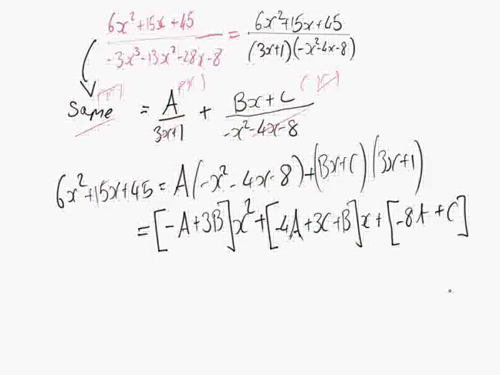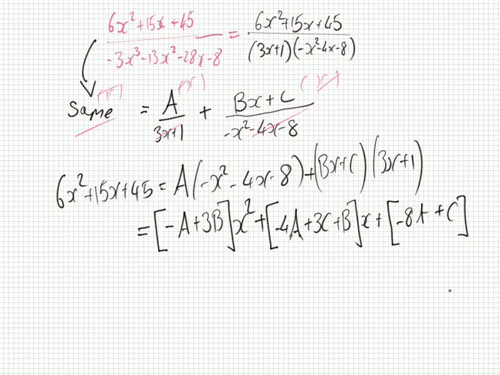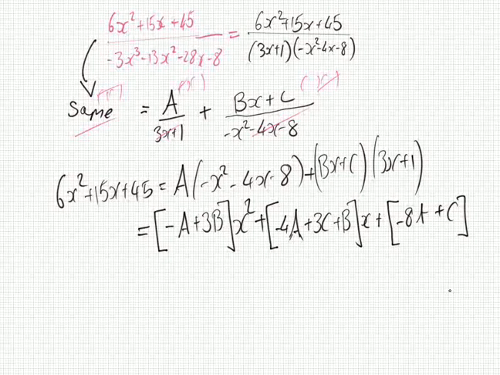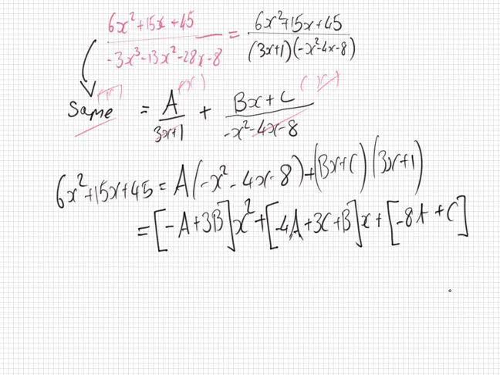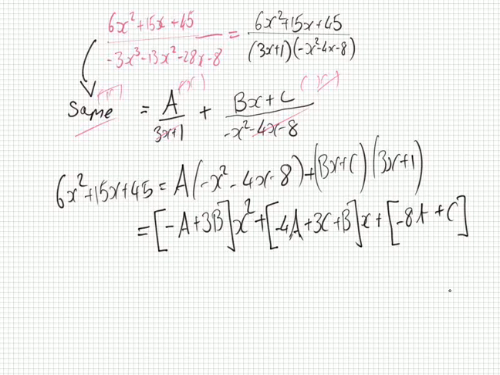Yeah, how did I get this answer here? Well, what I did was I multiplied a in here, then I multiplied these two, and I put them together. So, for example, minus x squared times a, minus ax squared. An example here, bx times 3x, 3bx squared. So you see, that's 3bx squared.